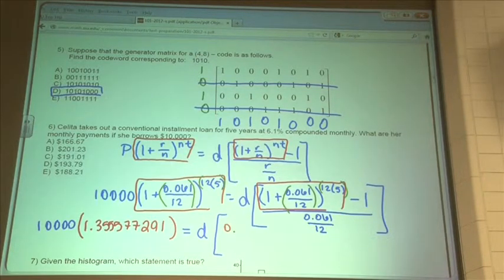So 0.355577291, and then we divide all of that. Now watch this. Parentheses 0.061 over 12. So on your calculator, you should still have the 0.355577291. Hit divided by, open parentheses, 0.061 divided by 12.